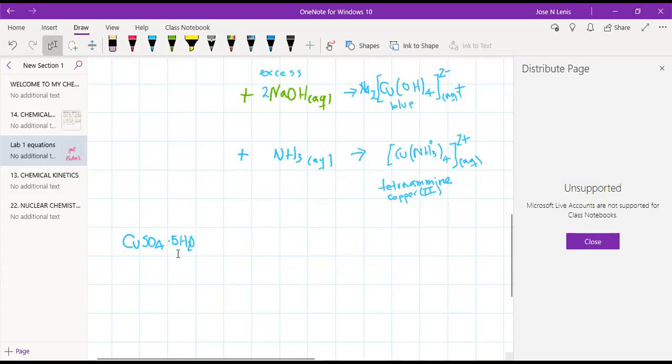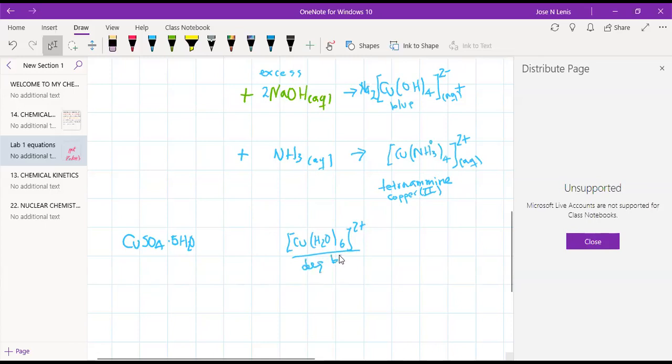This compound, since it has water, shows the blue color due to another complex, copper complex, which is copper H2O 6 2+, and this one shows a deep blue color.